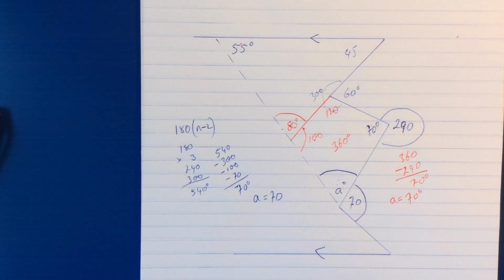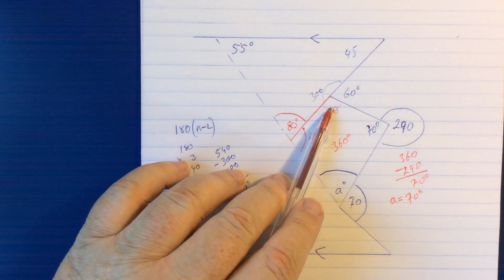Well, there you are. There are a couple of ways of finding A. There may well be a third way that I haven't considered, but you'll see that both of those use essentially the same idea. You can use angles on a straight line to find missing values.